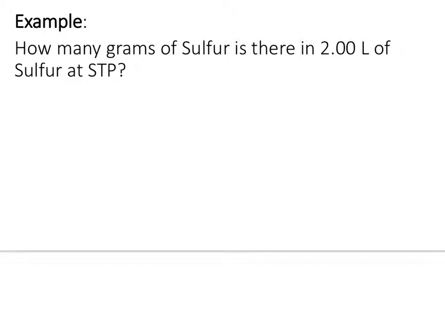All right, welcome back. So we know that we're at STP. And at STP, 1 mole of anything is equal to 22.4 liters. Okay? Thing is, we have 2 liters.